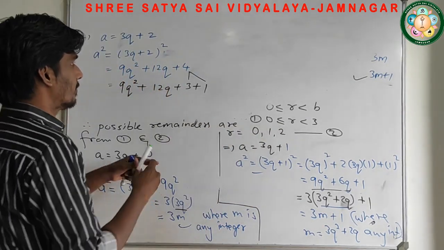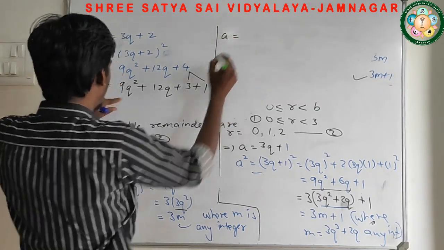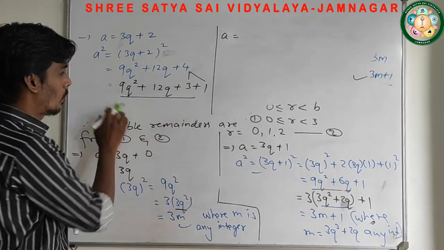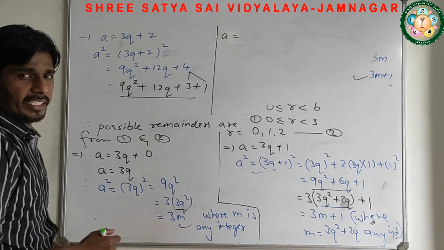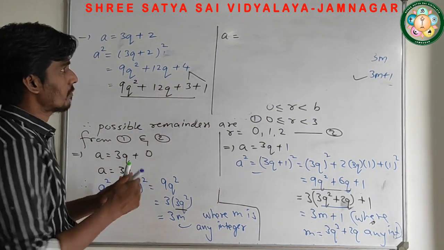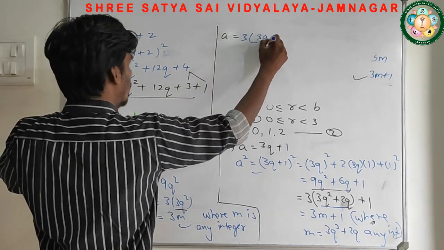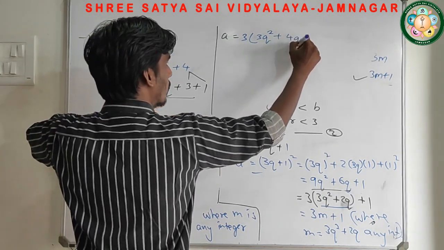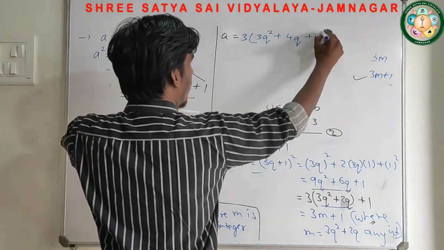So let me continue here. A square is equal to this. Out of the first 3 terms, what is common? Because this plus 1 I want here. So what is common in the first 3 terms? 9 is common, sorry, 3 is common. So inside it will remain 3q square plus 4q plus 1, plus 1.